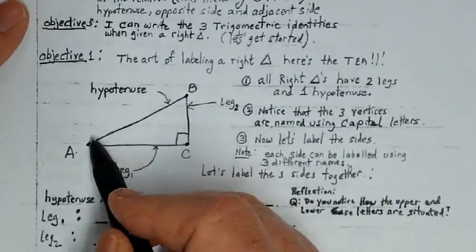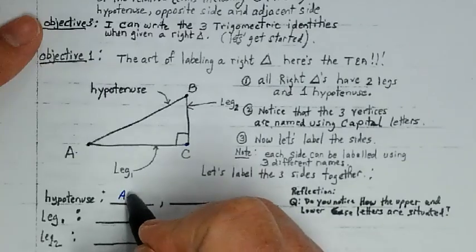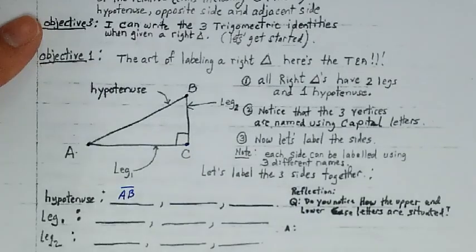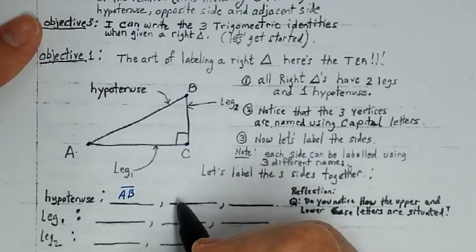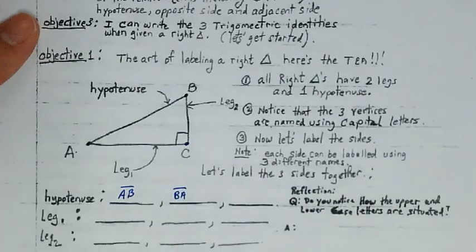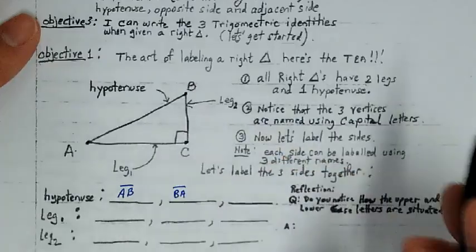So when we name the hypotenuse, for example, one of the names would be side AB. And you have to put a line segment over it or it's wrong. Now, not only is it line segment AB or side AB, it's also segment BA. Two different names to express the same line segment, because segments are named after their endpoints.